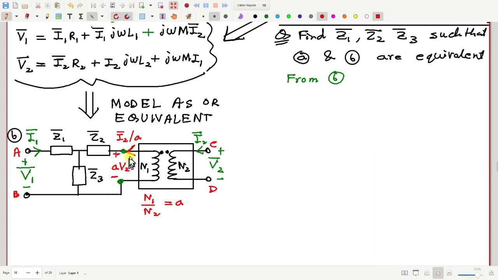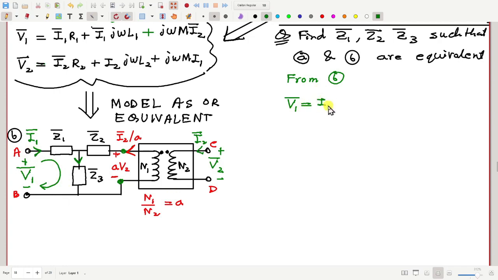Now consider the left side part of this circuit, that means this impedance part. From here I want to write the expression for the voltage V1. I1 is flowing here, and the current here is I1 plus I2 by A. So how much is the voltage from here to here? Just apply KVL.